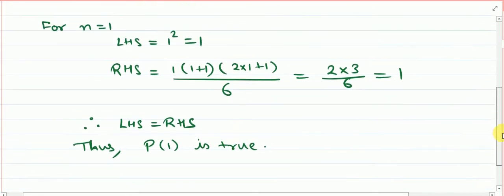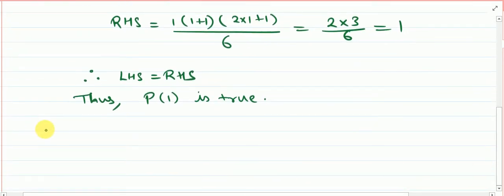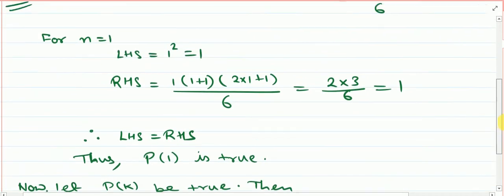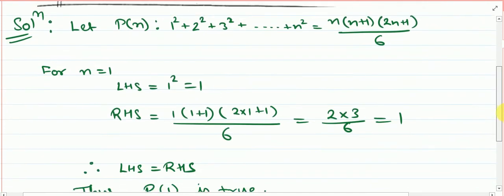Once you have shown that P1 is true, then you have to assume that Pk is true, and using that we have to show that Pk plus 1 is true. Now let Pk be true. So when you say Pk is true, that means what? For the given statement, whatever statement is there, you simply replace n by k.